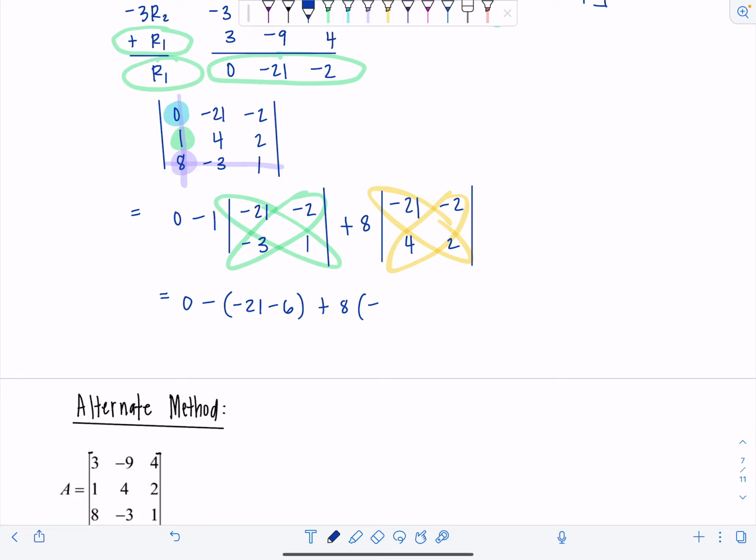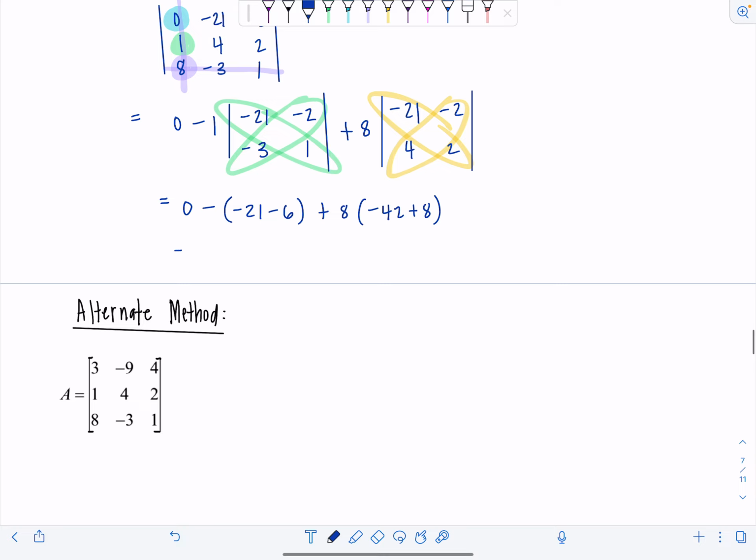Yes, -42 plus 8. So what do we have now? That's -27 times another negative, +27, plus 8 times -42 plus 8 is -34. Okay, so we've got 27 minus 272, which is -245.